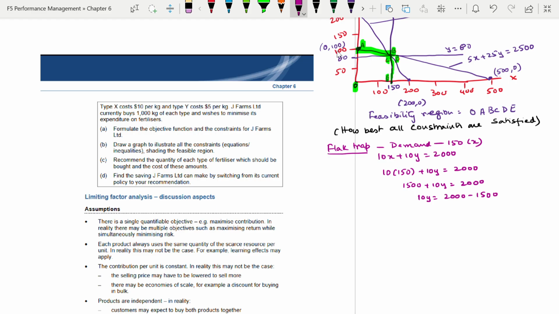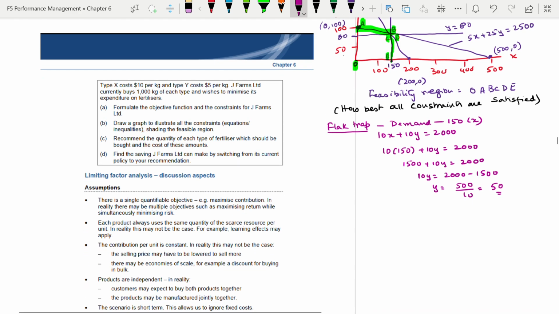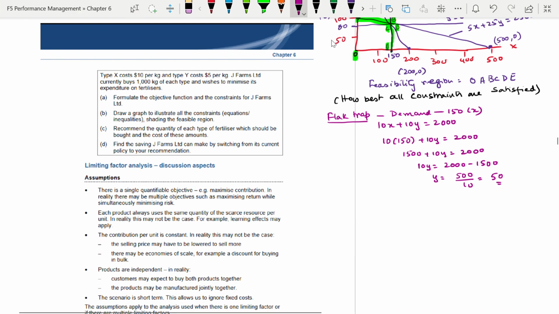If it comes to the right hand side, it becomes minus. So y equals 500 by 10, which equals 50. Now we have x: x is 150 and y is 50.